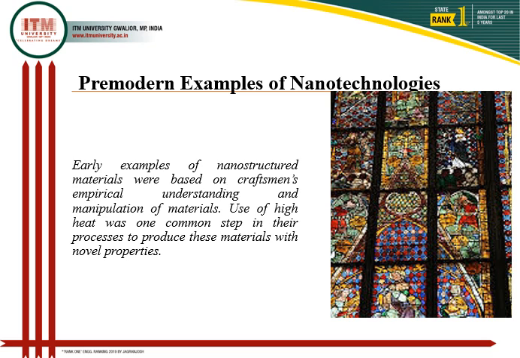Pre-modern examples of nanotechnology can also be cited. Early examples of these nanomaterials were based on the craftsman's empirical understanding and manipulation of materials. They used high heat as a common step to produce these materials with novel properties.